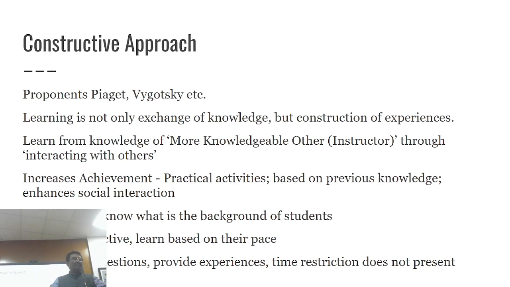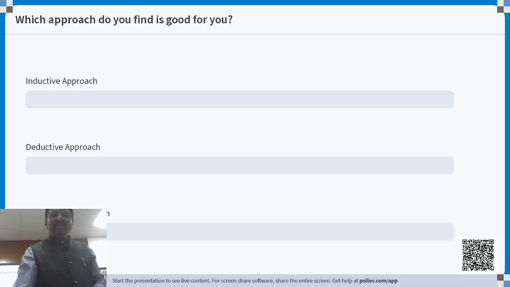The child knows his body and body parts. Teach him first. Then tell him about his family. This is how knowledge is constructed gradually. The teacher asks questions to relate their knowledge and provides experiences, and time restriction is not present here. When you are sitting and talking to somebody, you spend as much time as you want. So this is why there is no time restriction.